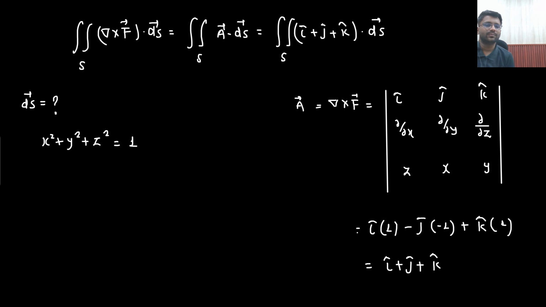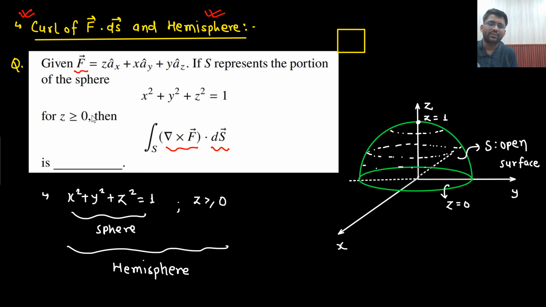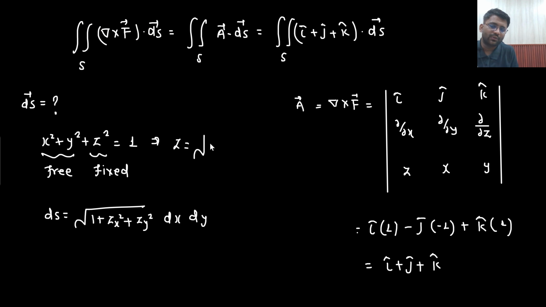Right? So what can I do? I can treat these as free and this as fixed. What does that mean? My ds would be written as under root 1 plus zx square plus zy square dx dy. What will be the value of z here? Since z is greater than 0, I can take z equal to positive under root 1 minus x square minus y square.